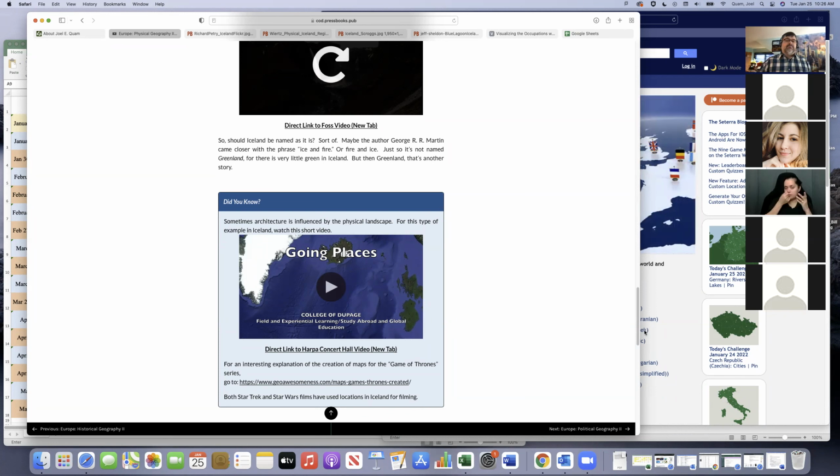Or it may be a pop culture reference to something about that place. So for instance, at the bottom of the blue box here, it says both Star Trek and Star Wars films have used locations in Iceland for filming. So that's not really geography, but it's a bonus fact about Iceland and popular culture.